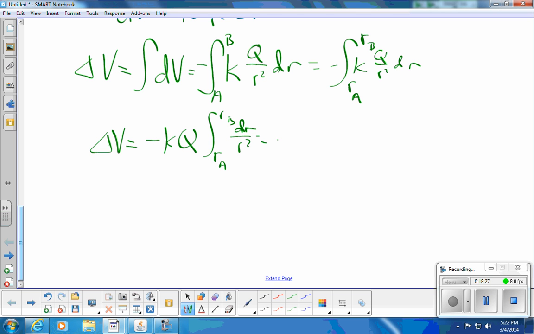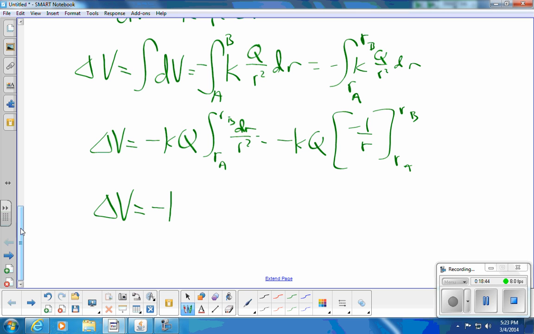Okay, this is an easy one, negative kq. The integral of dr over r squared is negative 1 over r, and I have limits from RA to RB, and this is cake at this point. I have to be careful with the minus signs. I'm going to keep them all in for right now. Negative kq, I've got negative 1 over RB minus negative 1 over RA.